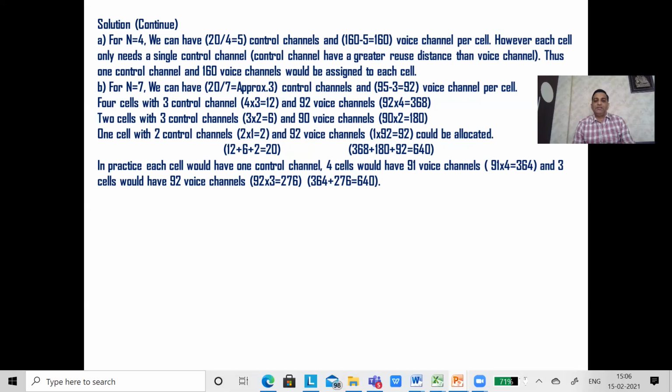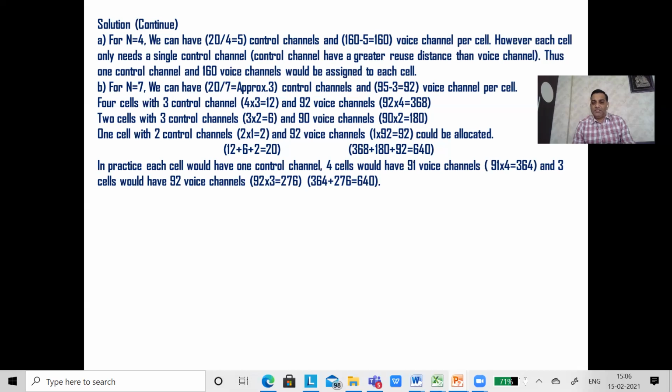But in practice, each cell would have one control channel. As we said, 4 cells would have 91 voice channels, so 91 into 4 is 364. And 3 cells would have 92 voice channels, that means 92 into 3 is 276. So if we combine 364 plus 276, we get 640 channels.